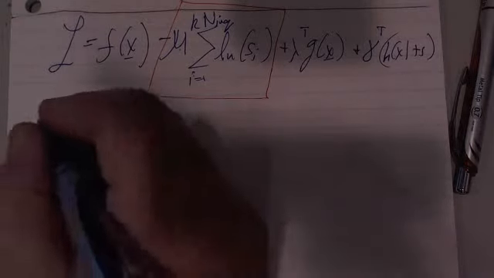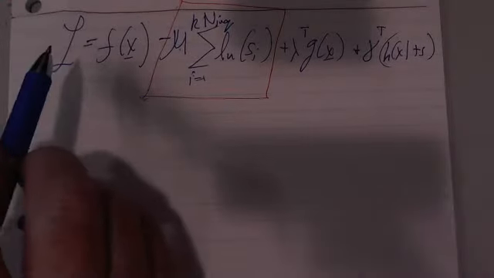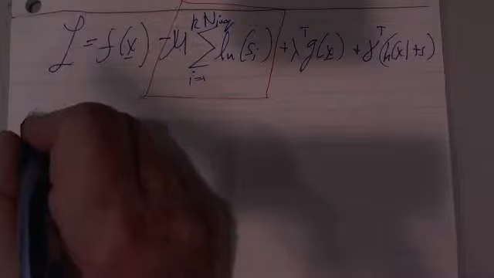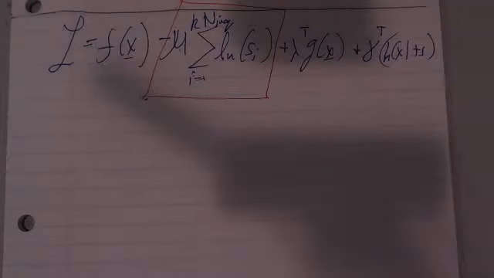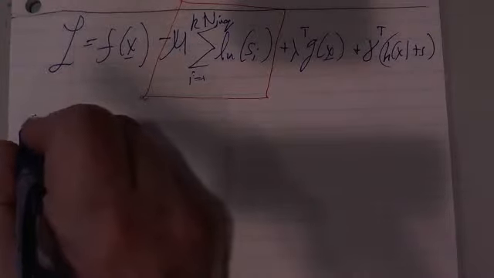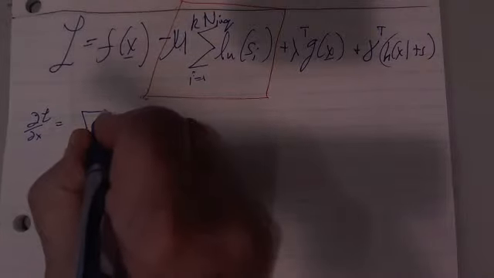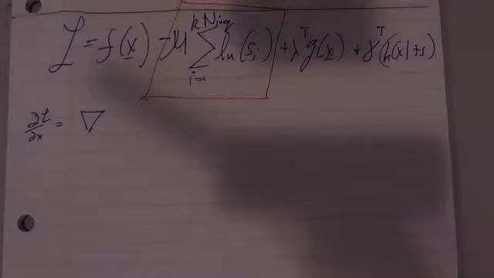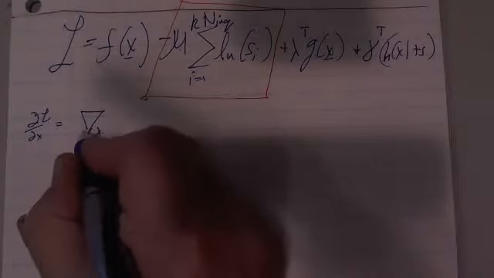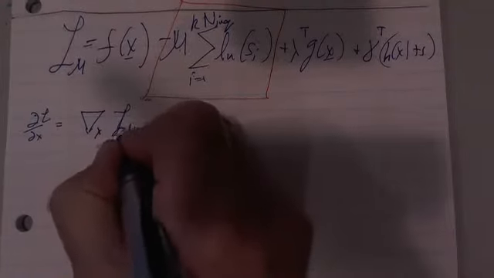Now, when we did economic dispatch before, remember we took dL and took the derivative with respect to each variable in the equation. We do the same thing here. So we say dL/dx, and we're going to give that a notation like that: gradient with respect to x of L of mu.